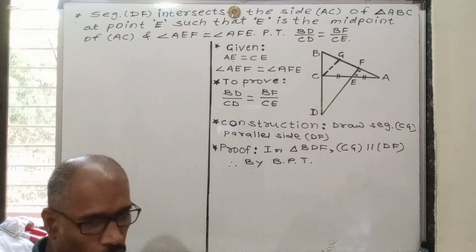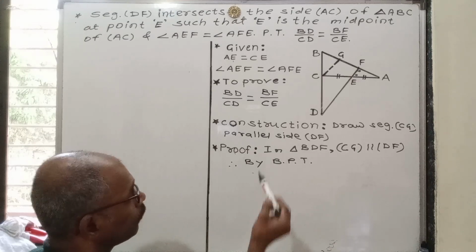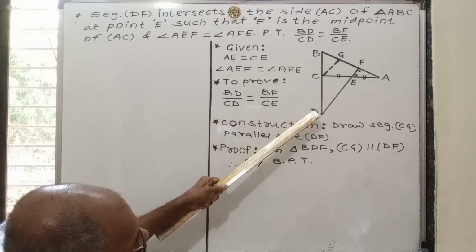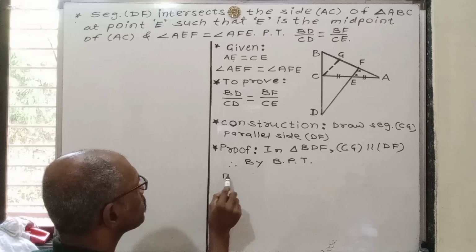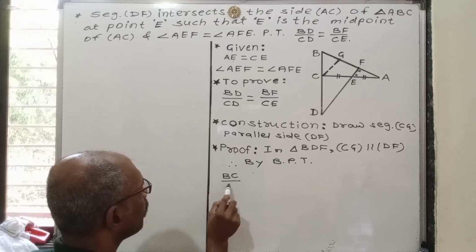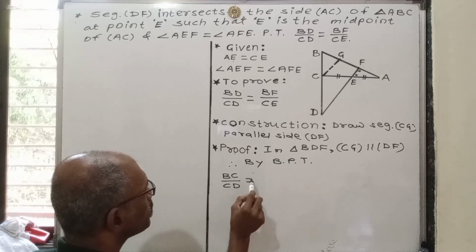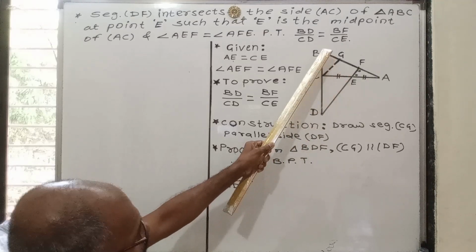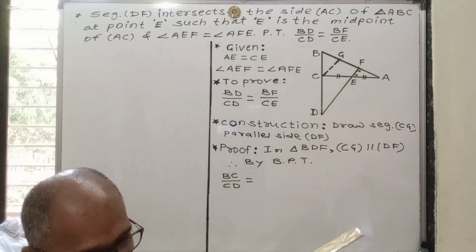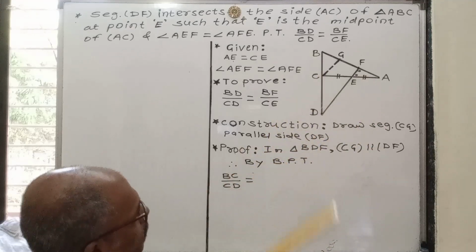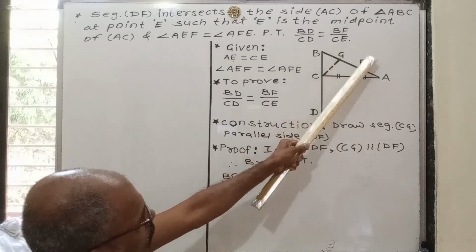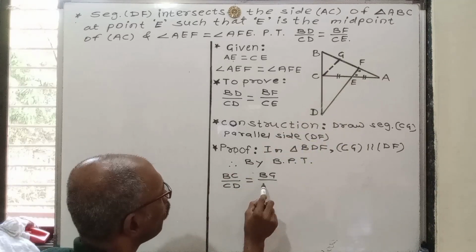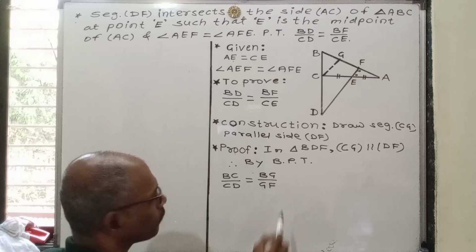What is basic proportionality theorem? In triangle BDF, BC upon CD is equal to BG upon GF. Did you get it?